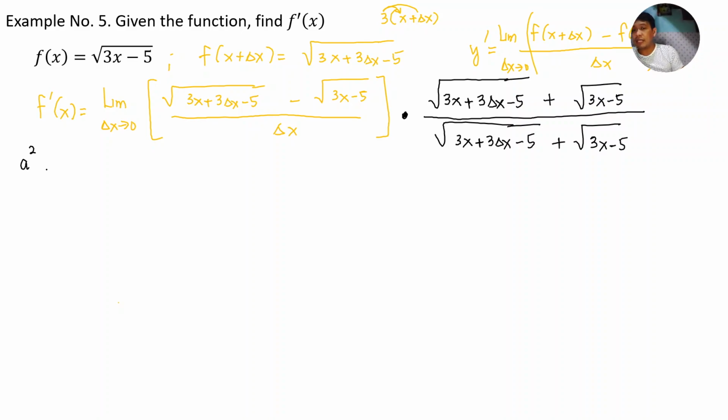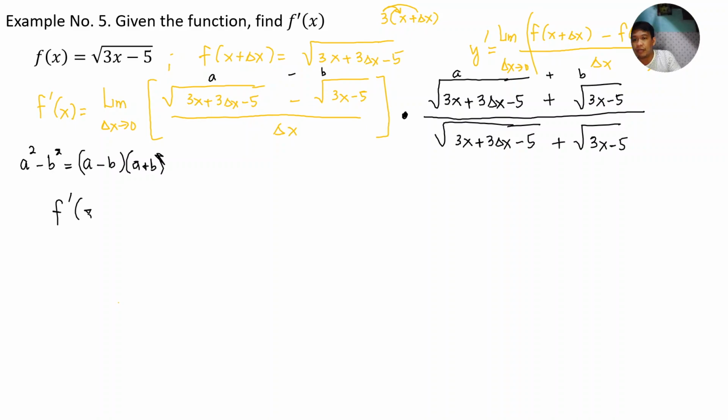Because we know that for a squared minus b squared, the result when I multiply a minus b by a plus b, so if this is a minus b, this is a plus b, that must be equal to the square of the first term minus the square of the second term.